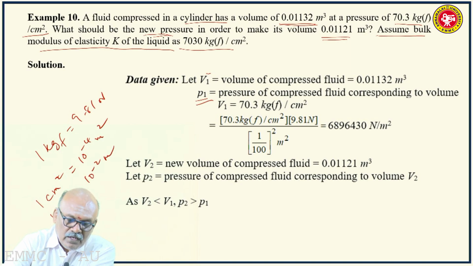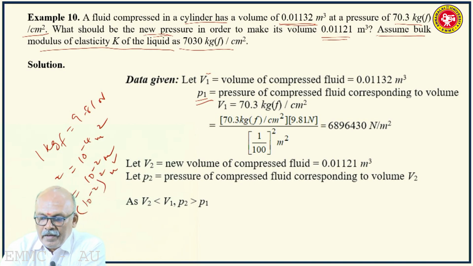So, 1 centimeter square will be 10 power minus 2 whole square meter square. It is 1 by 100 whole square. So, this becomes this much, 689,643 Newton per meter square.